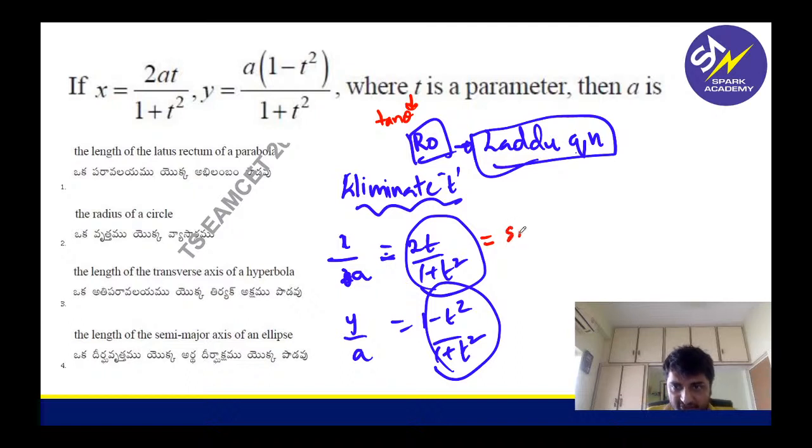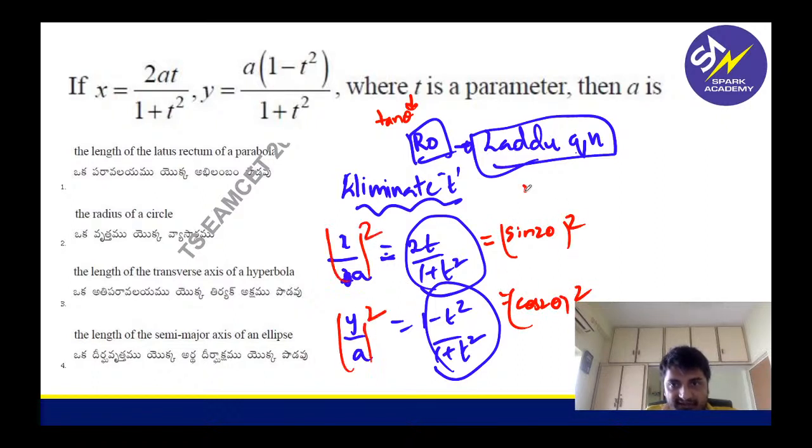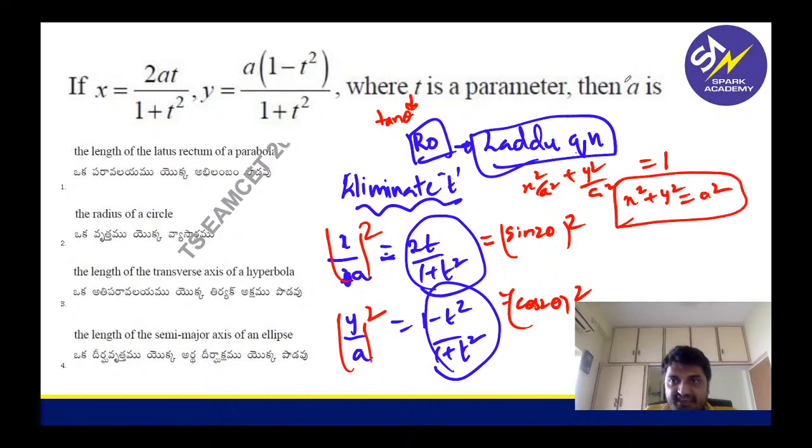Yes, Indranil, you are right. That is sin 2 theta. And 1 minus tan square theta by 1 plus tan square theta is cos 2 theta. So you can square and add. What am I getting? x square by a square plus y square by a square equal to 1, or x square plus y square equal to a square. This is a circle, a is the radius of the circle. Easy peasy.